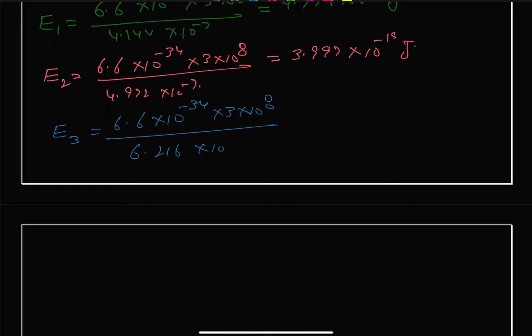6.216 into 10 to the power minus 7. This gives us 3.198 into 10 to the power minus 19 joules. Work function is given to us.